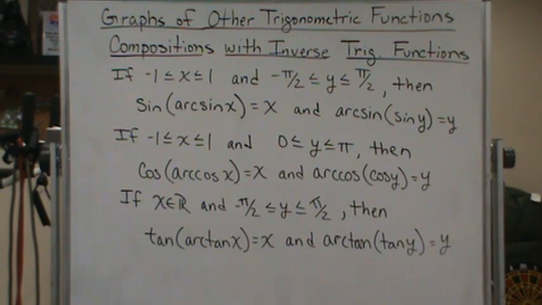If we go outside the domain, these properties do not hold. So just keep that in mind. Always check the domain. Make sure that you're in the domain of each one of these functions, whether it's arcsine, arccosine, or arctangent.